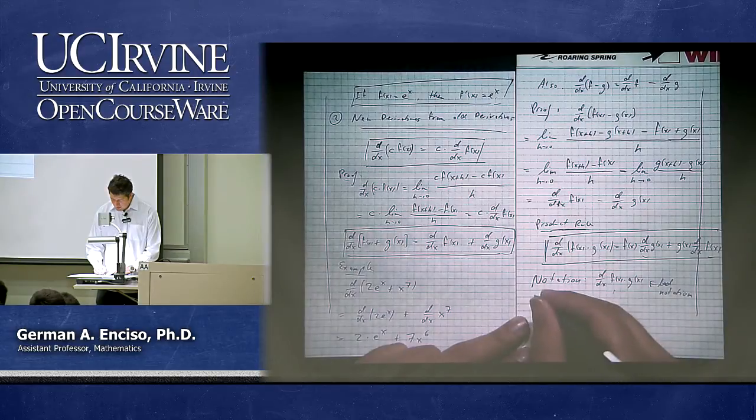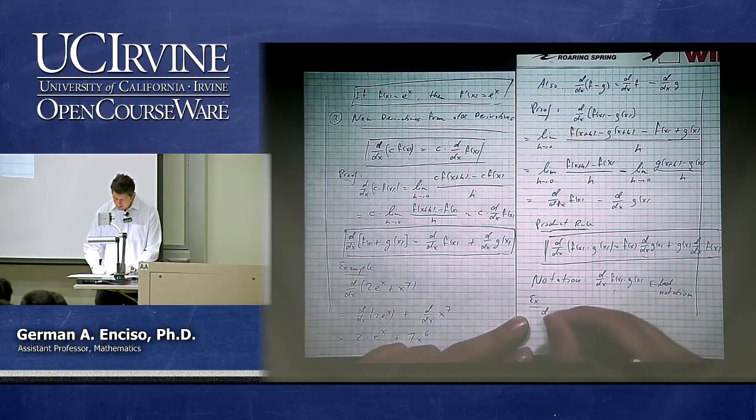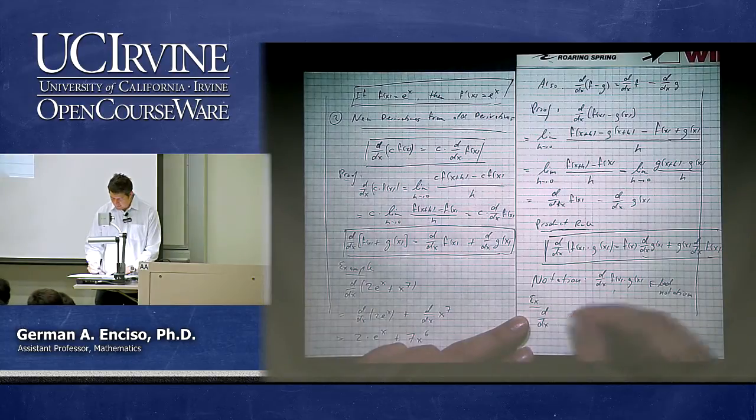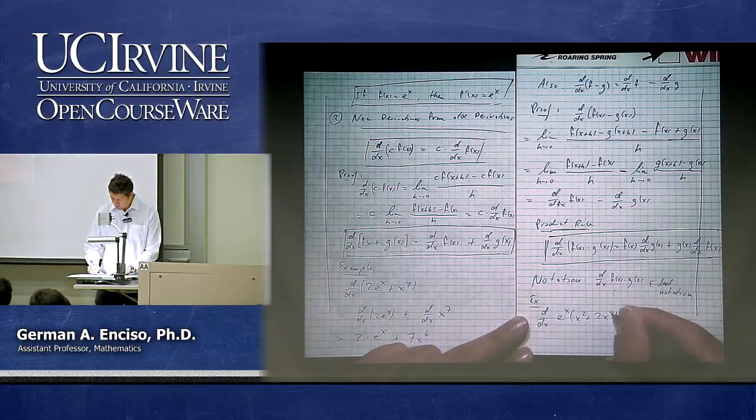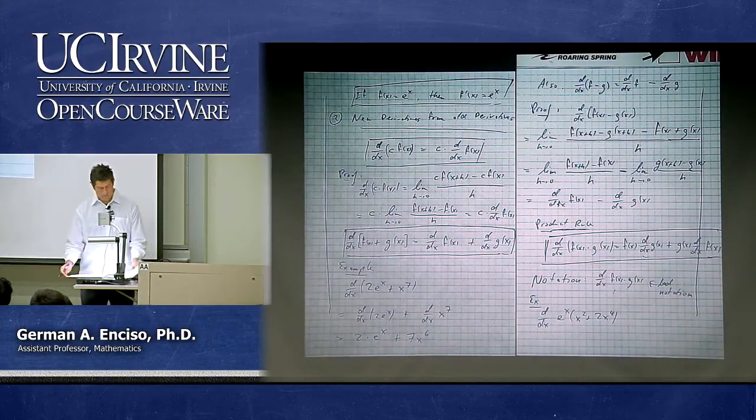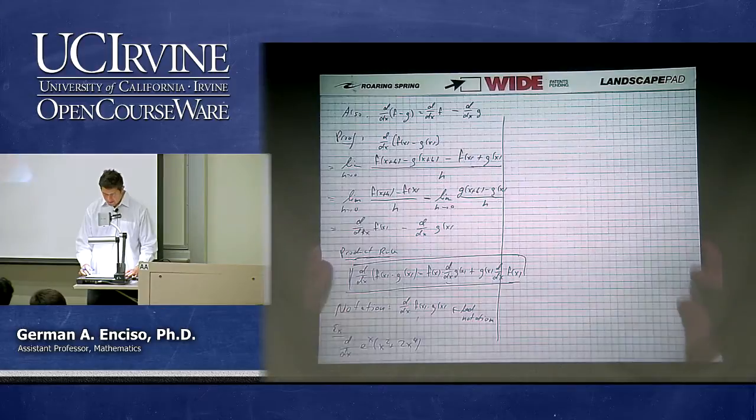All right, so as an example, let's say that we calculate the derivative of e to the x times x squared plus 2x to the 4. What is that?